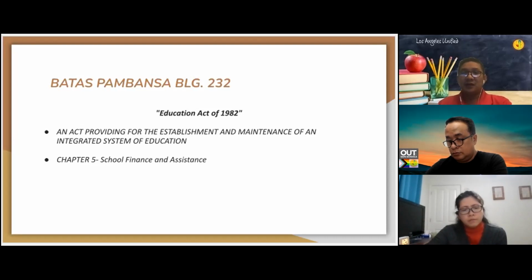So this act shall apply to and govern both formal and non-formal systems in public and private schools in all levels of the entire education system. So the government shall adopt measures to broaden access to education through financial assistance and other forms of incentives to schools, teachers, pupils, and students, and also encourage and stimulate private support to education through, inter alia, fiscal and other assistance measures.